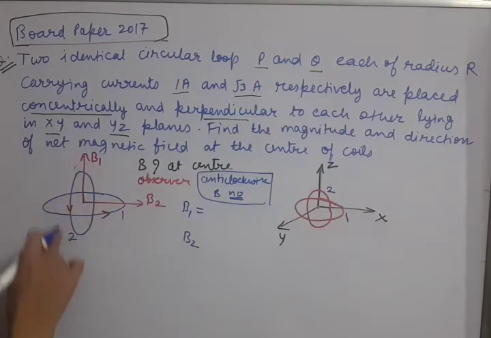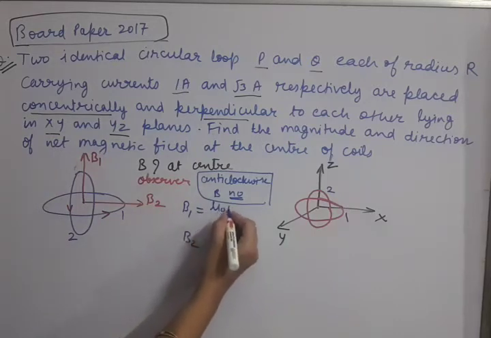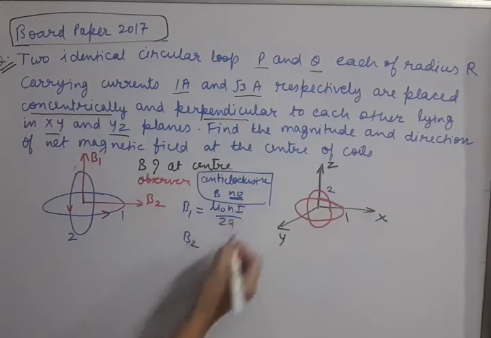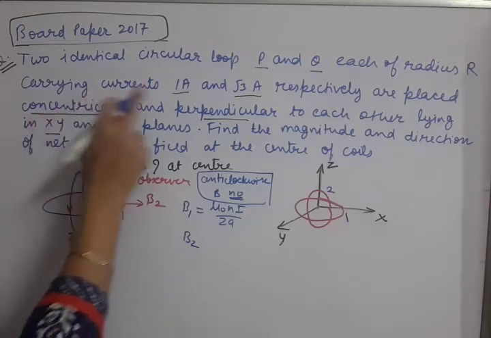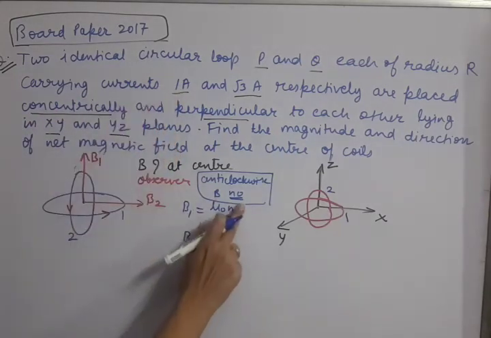Since these are circular coils and we are finding the magnetic field at the center, the formula is mu0 N i upon 2a. We will put in the values. For the first coil, the current is given as 1 ampere, so I put 1. The number of turns is also 1.